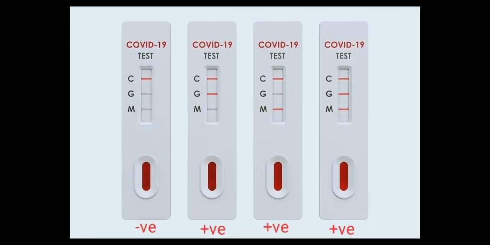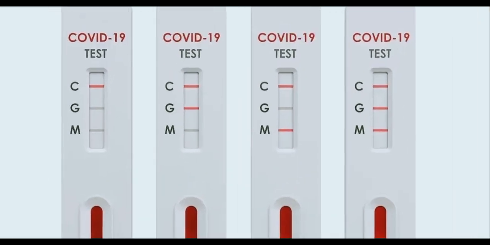Now in the third test you can clearly see that there is a red line in the IgM section and control section, which indicates that you have recently been infected with the coronavirus, so you need to be in self isolation.